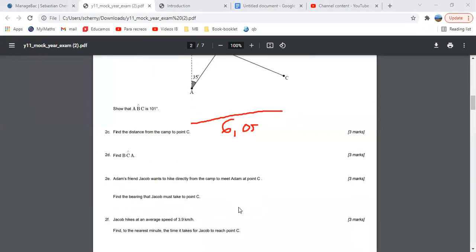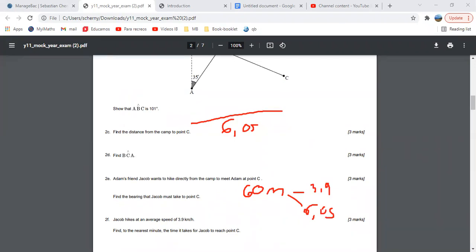So if this was the measure and Jacob hikes at an average speed of 3.9 kilometers per hour, then we can just do, if in 60 minutes Jacob does 3.9 kilometers, how many minutes will it take Jacob to do 6.05 kilometers? So we do this cross multiplication and the division.